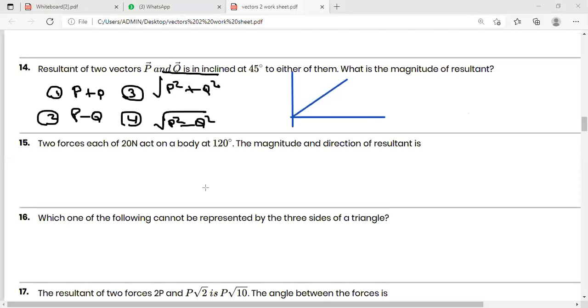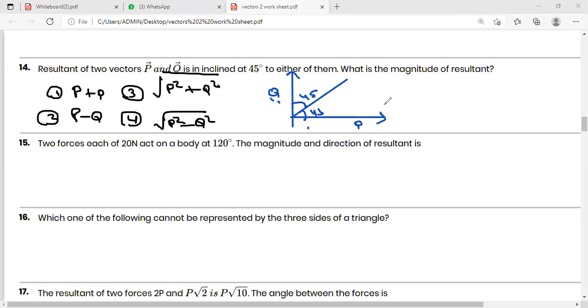And the resultant should make an angle here, 45 and 45, with this and also 45 with this. And this will be P and this will be Q only.